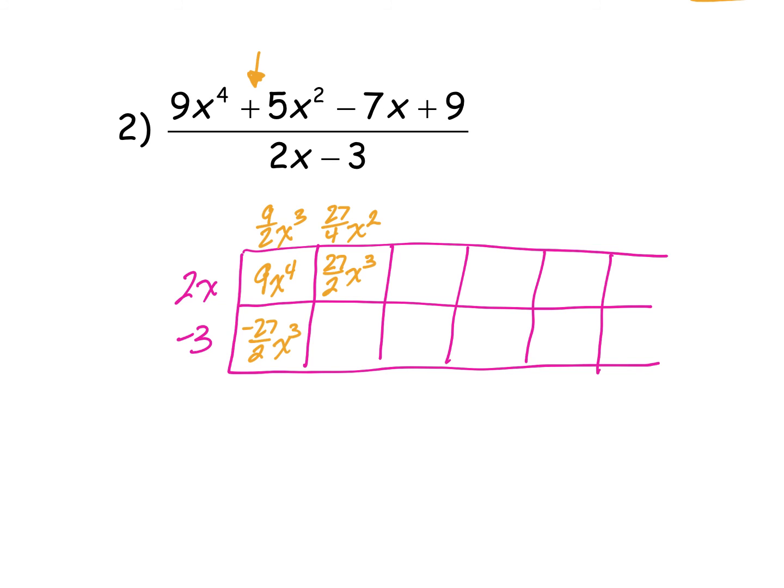And 27 fourths times negative 3. Negative 81 fourths x squared. Nice job. Okay, what do I add to negative 81 fourths x squared to get positive 5x squared?